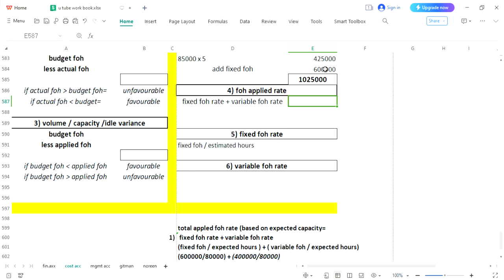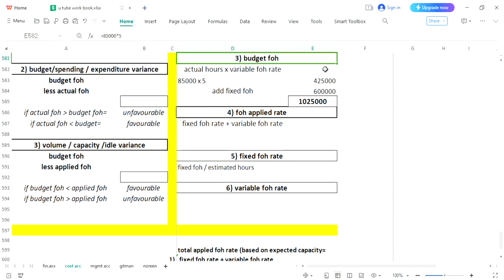This is applied FH. Budget FH, which was having a two line formula. First line actual hours multiplied by variable FH rate, and both we have already in our mind. 85,000 were given in the question. Variable FH rate we have calculated. Fixed FH was given in the question. So total budget FH 10,25,000.